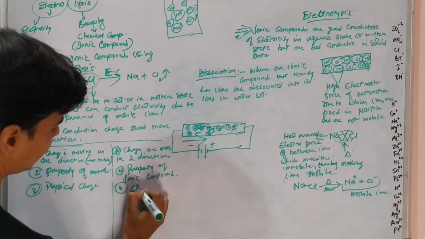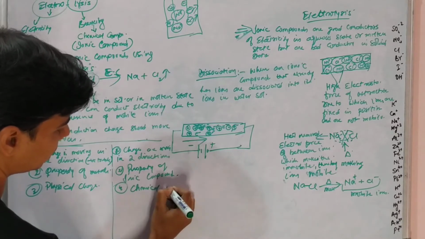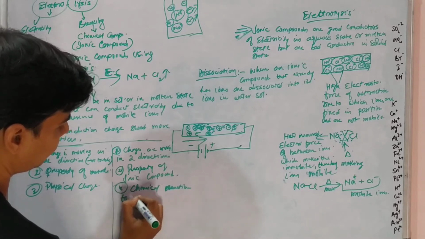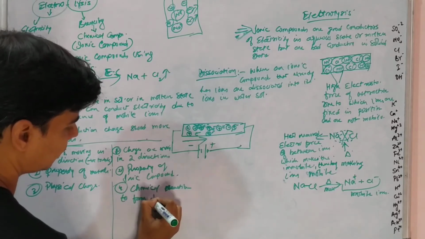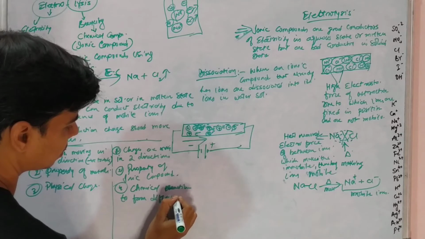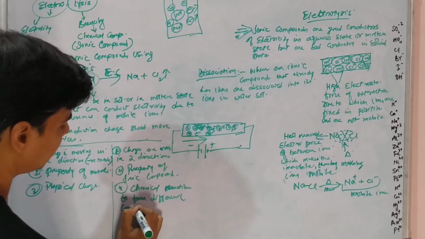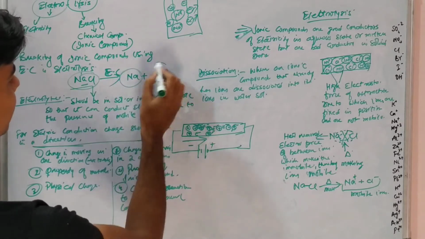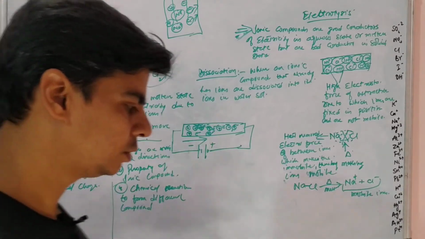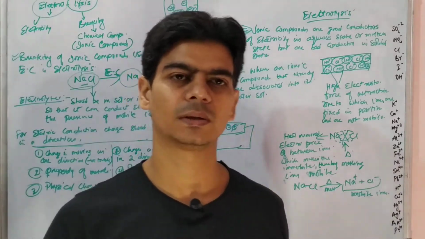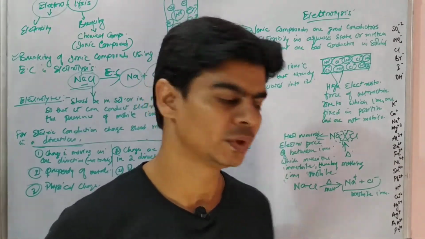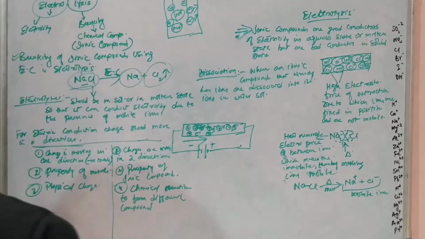Here, chemical compounds will undergo chemical reaction to form different compounds. Like here in case of sodium chloride, it will form sodium and chloride ions. So chemical compounds will completely change and form different compounds when electricity is passed through it. That is while doing electrolysis. So it's a chemical change.